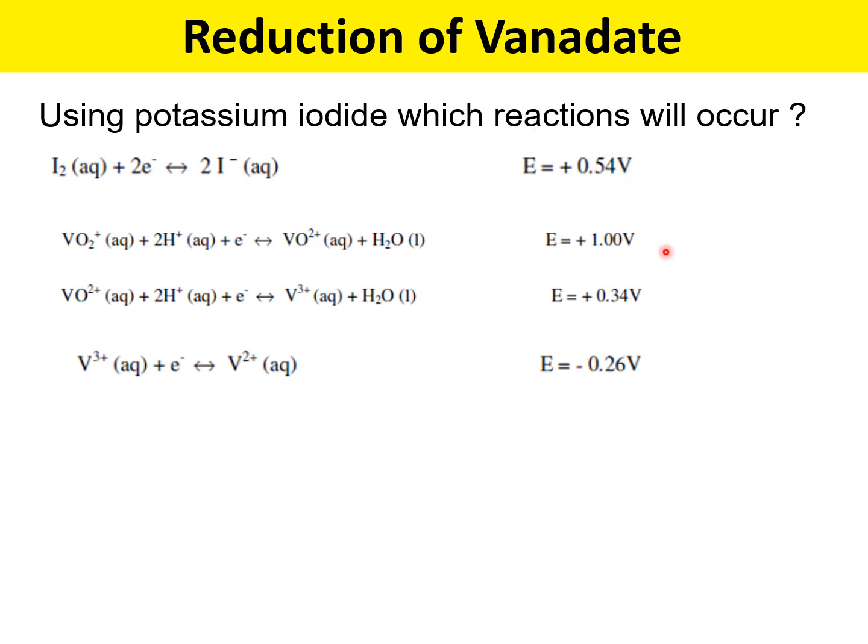Now if we look at our values given for going from +5 to +4, which has a standard reduction potential of +1 volt, and then if we look at going from +4 to +3, which has a standard reduction potential of 0.34 volts, we can say that the standard reduction potential for the first reaction is the only vanadium reduction which is greater than the reduction potential of the iodine. So that means that iodide ions will only reduce vanadium from +5 to +4, but no further.